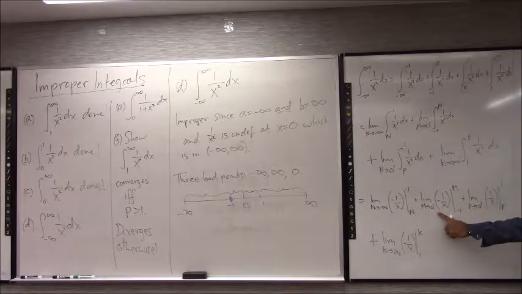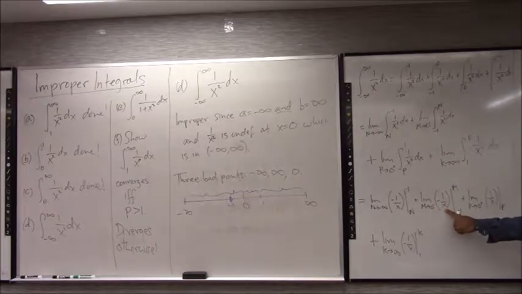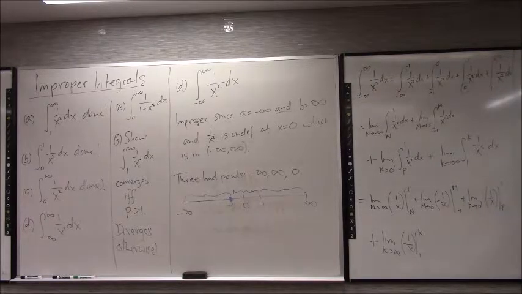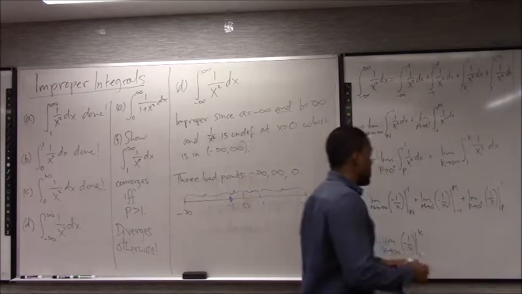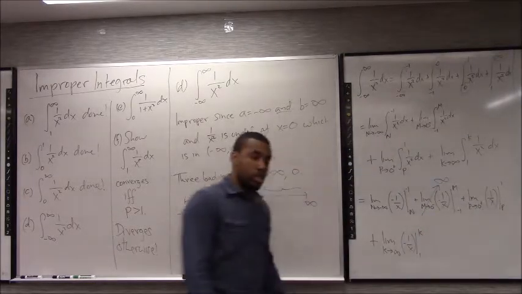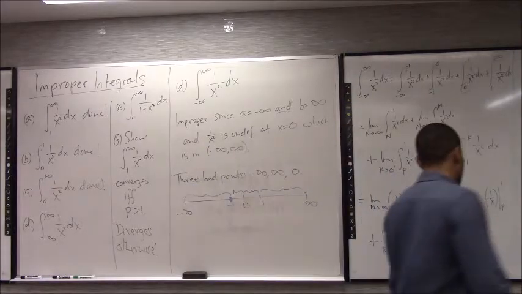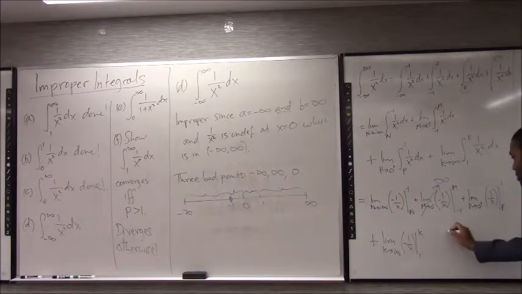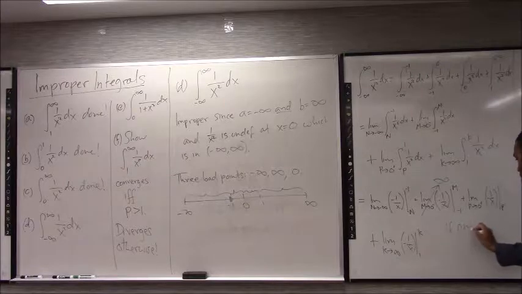Notice that here, if I plug in 0 approaching from the left, what's going to happen to this guy? -1 over x, if the denominator is approaching 0 from the left. Negative infinity? It's going to give us negative infinity, which negative times negative, this guy here is going to be infinity, right? And so we also have the idea, we mentioned this last time, that if one part diverges, everything diverges.